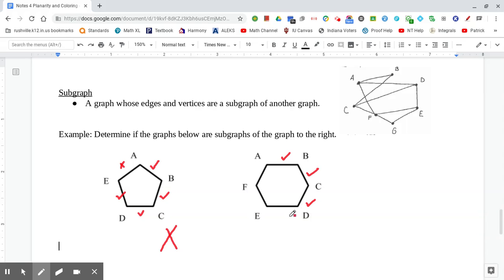We know C and D. We know D and E. But let's look at E and F. E is adjacent to F, so that one exists. A and F, yes, there's an edge connecting A to F. Because we were able to find all of its vertices and all of its edges within this graph, it means that yes, this graph right here is a subgraph of this one.